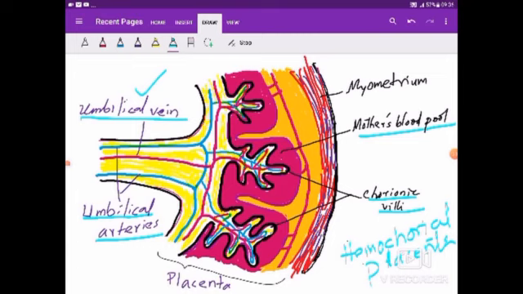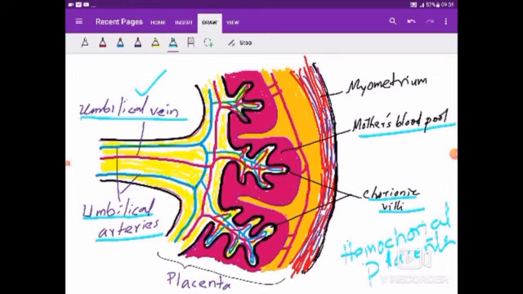If the mother is infected, the viruses and the bacteria can also enter through the placenta and reach the fetus, but because antibodies are reaching the fetal body, they prevent the fetus from infections or diseases. So if the mother has an HIV infection or is suffering from AIDS, the fetus also will get it. Okay, now that's about the placenta.